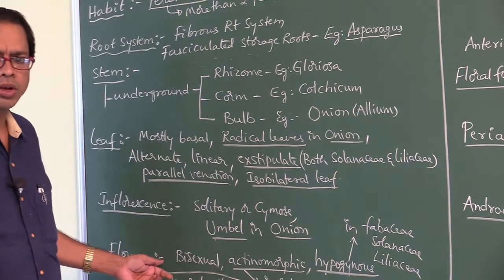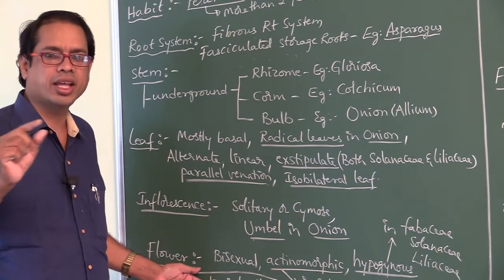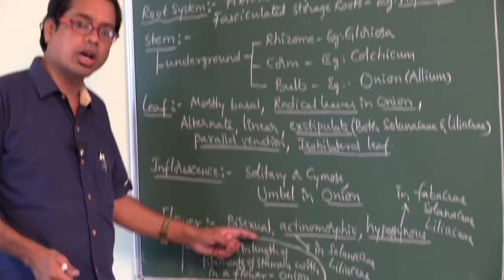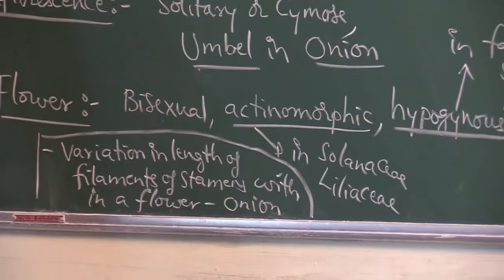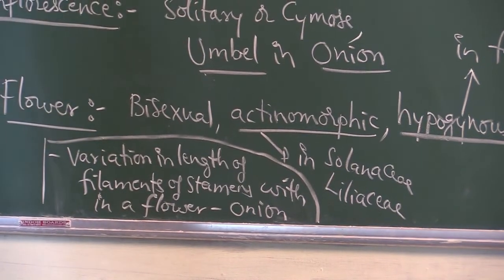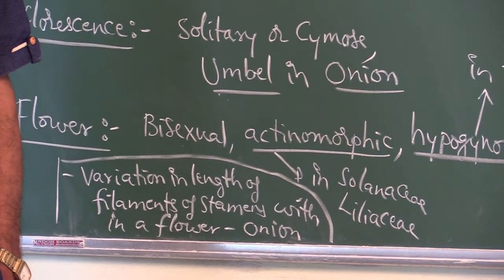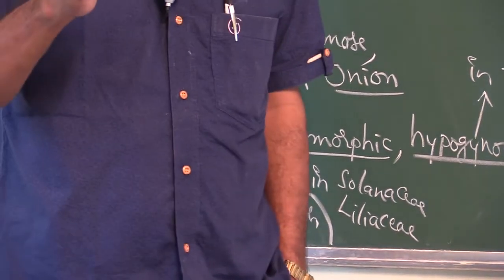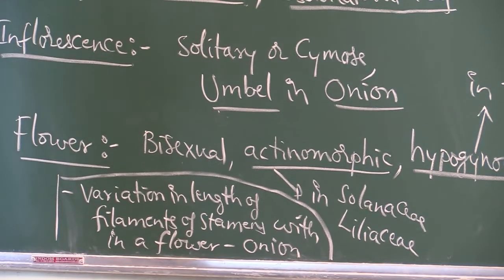If we observe the flower in onion, all the stamens are not equal in their size. Variation in the length of filaments of stamens within a flower, for example, onion. In the morphology chapter, variation in the length of filaments of stamens within a flower means brassica, salvia and onion.